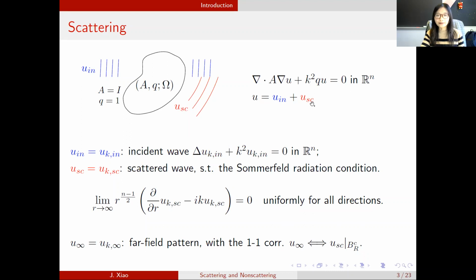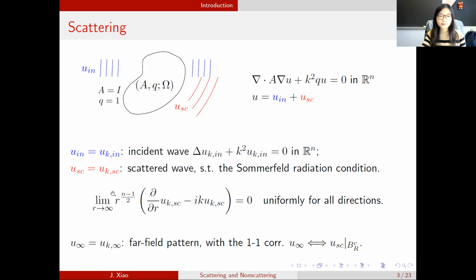As Fioralba mentioned two weeks ago, there is not really such a thing as a scattered field, but after you subtract, you see the scattered field. The incident field will be an entire solution corresponding to the homogeneous background. And the scattered wave satisfies the Sommerfeld radiation condition, which guarantees that this is the solution going out.